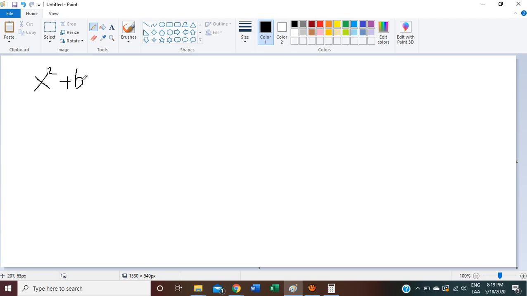Okay, and that b is going to be multiplying our same variable, but this variable is not going to be squared, plus or minus another constant, equals 0. Okay, sometimes this constant is going to be on the other side of the equation.